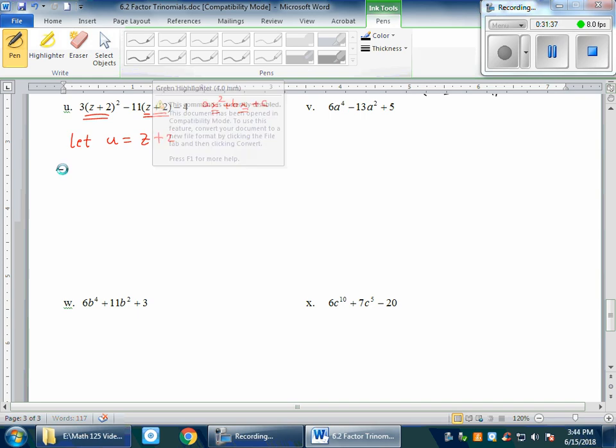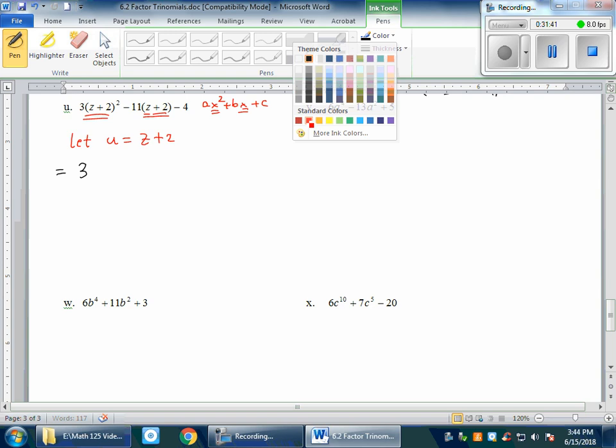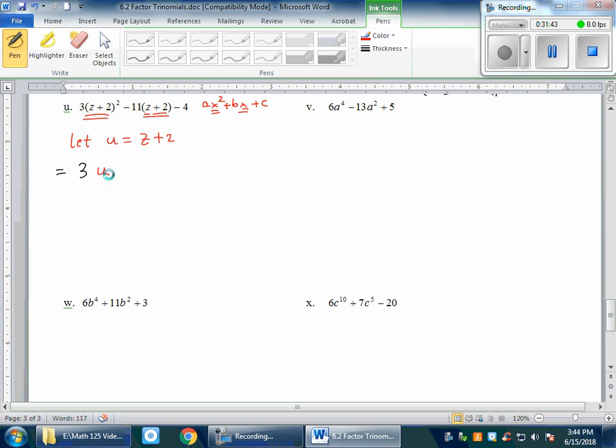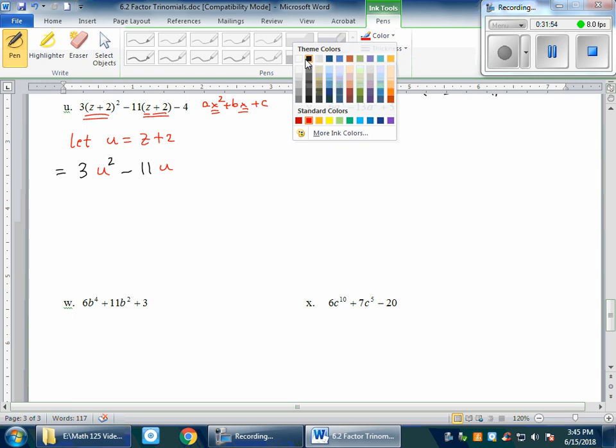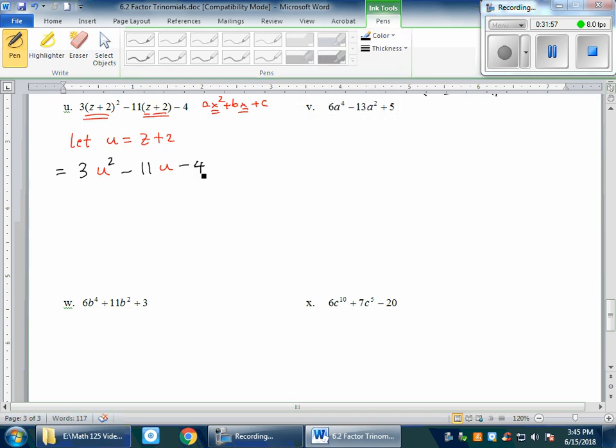So this will become 3 times u to the second power minus 11 times u, right? Replacing z plus 2 with u, and then minus 4. Now we're going to try to factor it out like we did before. So my a times c, 3 times negative 4 is negative 12.